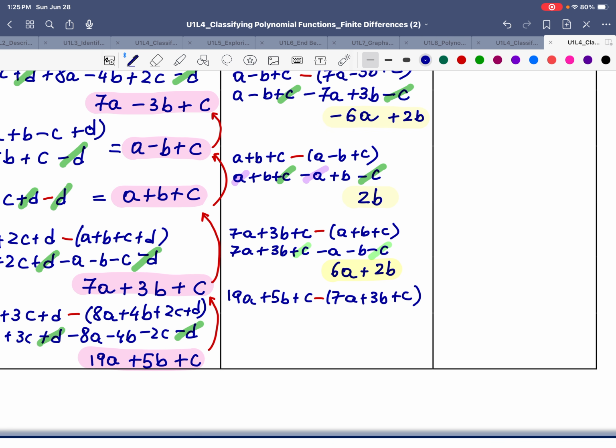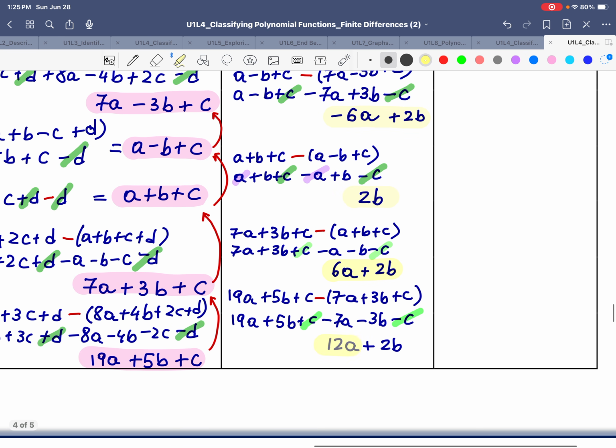So open up brackets, 19a plus 5b plus c, subtract 7a, subtract 3b, subtract c. Again, same idea. We are losing the coefficient c. It simplifies to 0. And 19a minus 7a, that will be 12a. 5b minus 3b would be equal to positive 2b. So this would be our last one here.